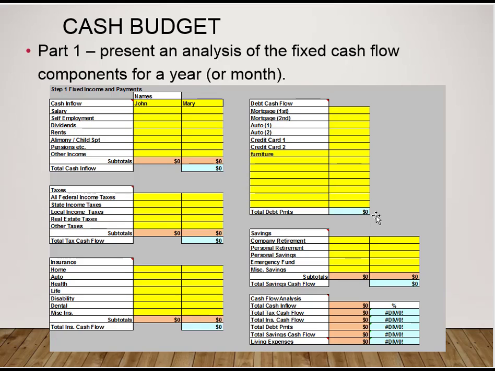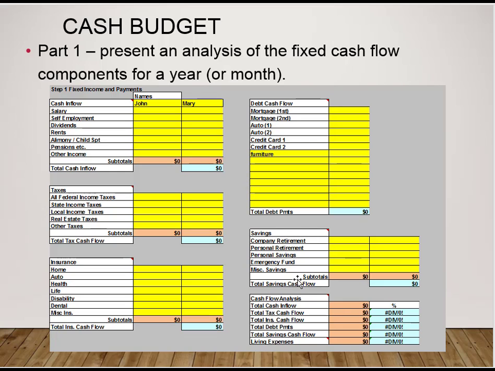The banks will use some of these numbers to look at for mortgages. In fact, they're going to want to know the payment relative to cash flow, because they will base whether we even get a loan on that number. And if they're going to give us a loan, they may even base the interest rate on that percentage.